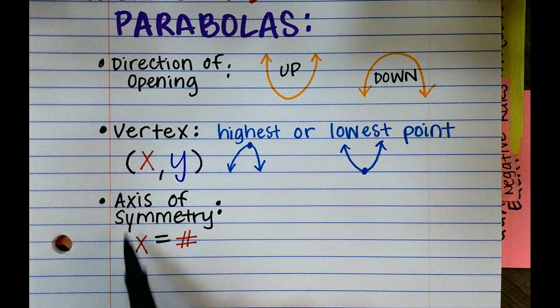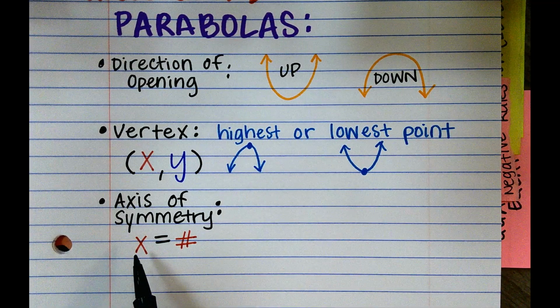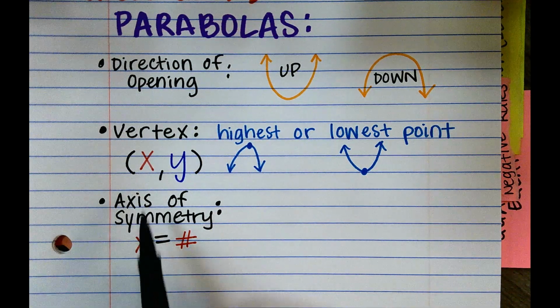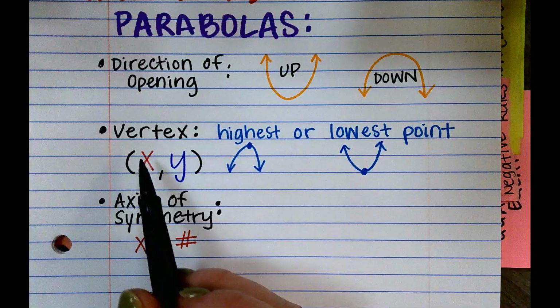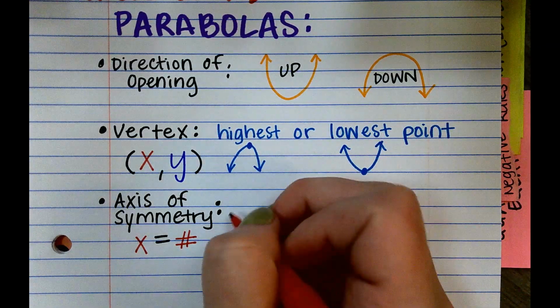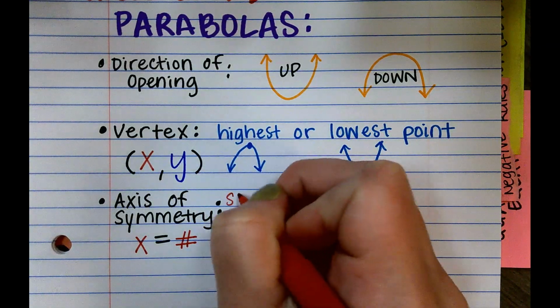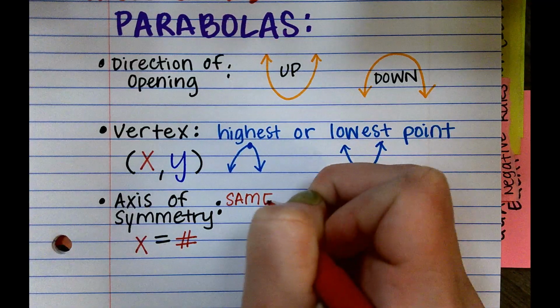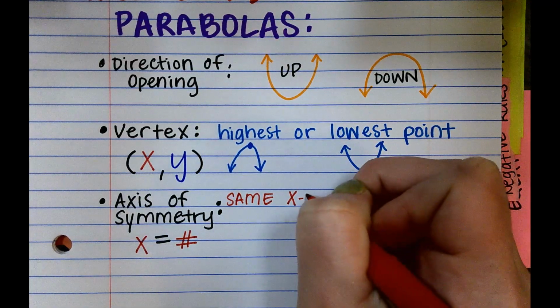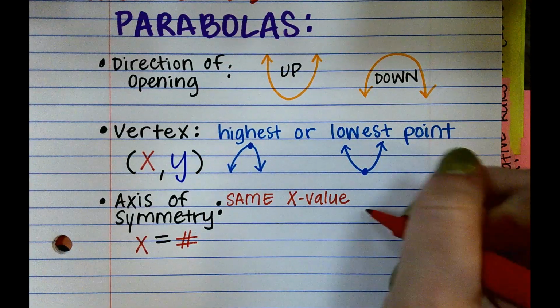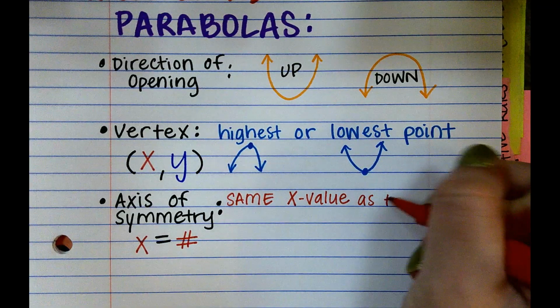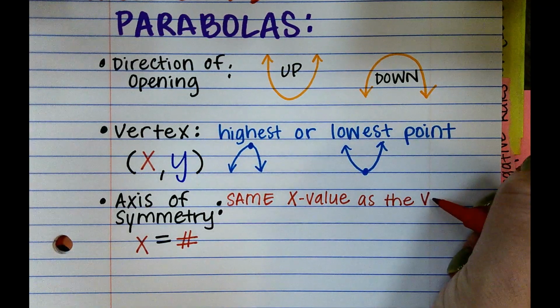And the axis of symmetry, the x value, is going to be the same x value as the vertex. Those x's will always be the same. So I'm going to write that here: same value as the vertex.